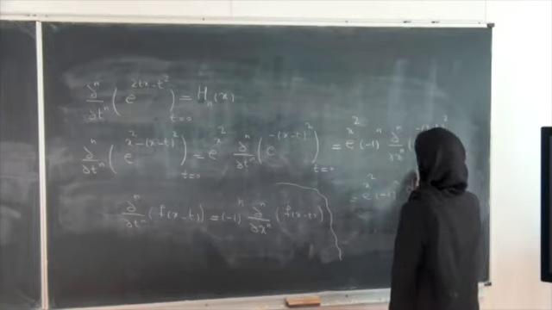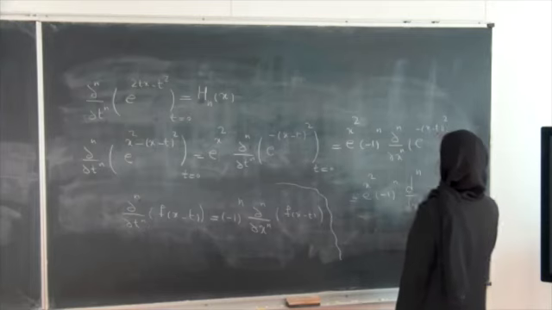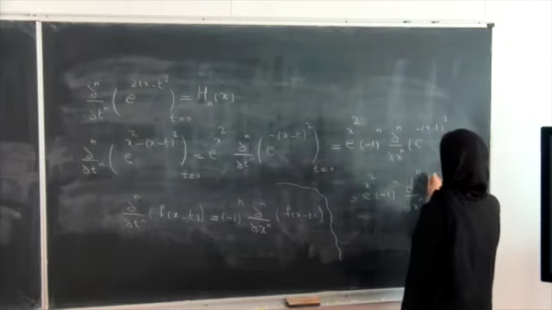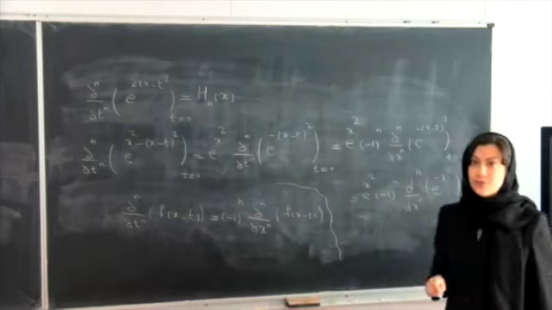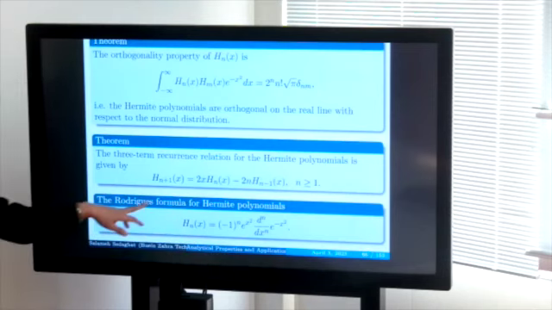And here we have d^n of e^(-x^2), and we complete the proof. We obtain this Rodrigues formula for Hermite polynomials.